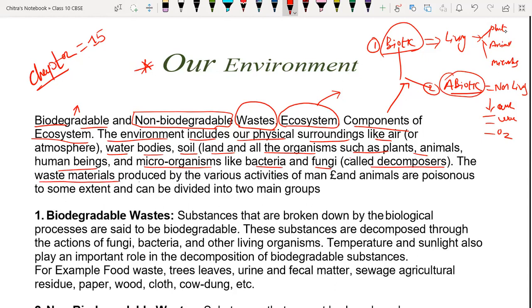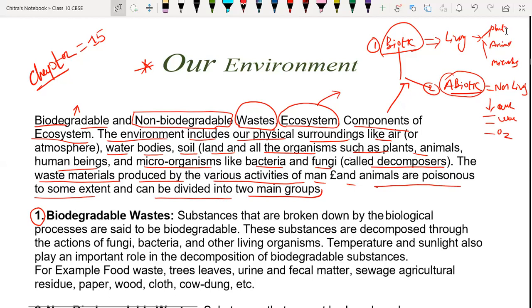The waste material produced by the various activities of man and animal is poisonous to some extent and can be divided into two main groups. What are they? Number one, we have biodegradable, and second one is non-biodegradable waste. So our environment is whatever we have in our surroundings.